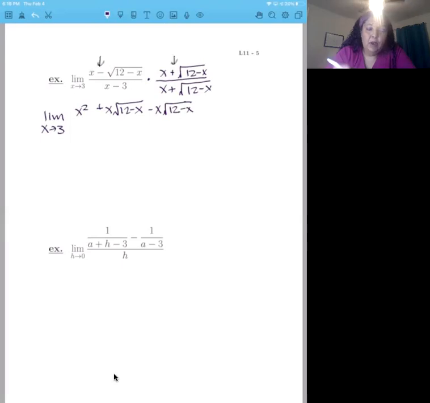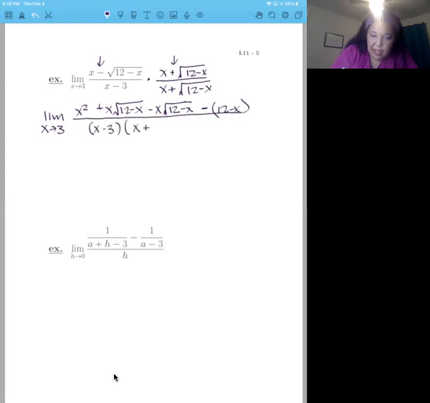One has a negative sign, one has a positive sign, so I'm going to put a negative sign. When I multiply a square root times a square root and they're the same, I just get what's underneath the square root. So I get a 12 minus x. Again, do not multiply out the denominator. Just leave it exactly as it is.